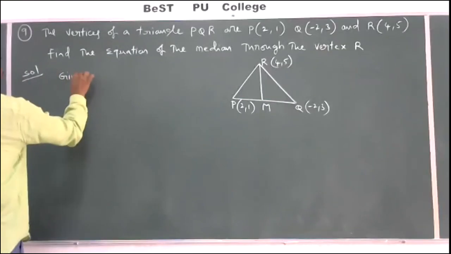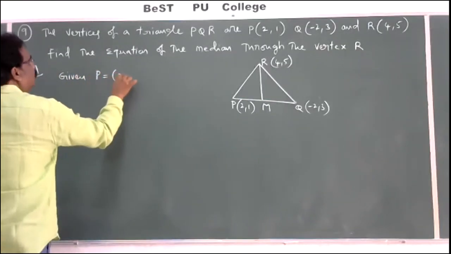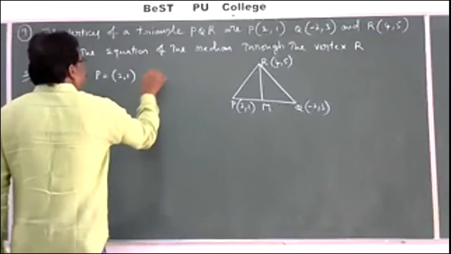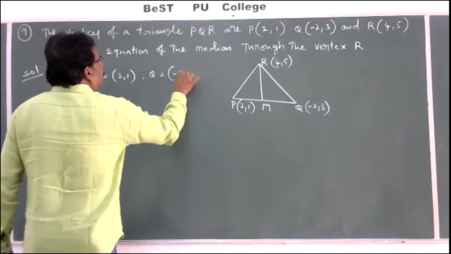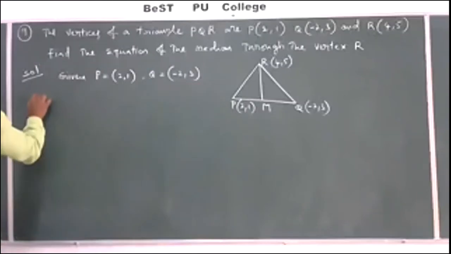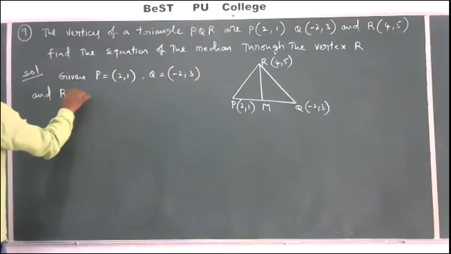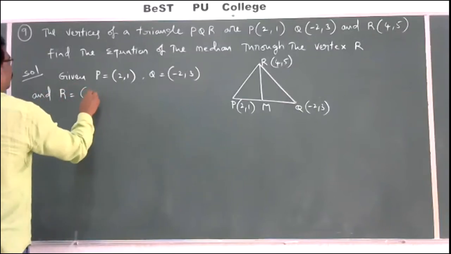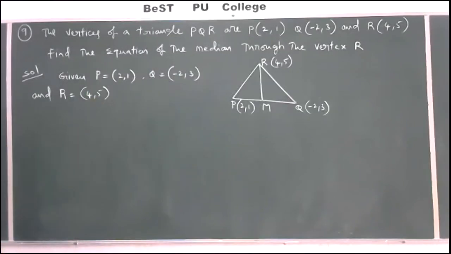Given P is equal to 2, 1, Q is equal to minus 2, 3 and R is equal to 4, 5.